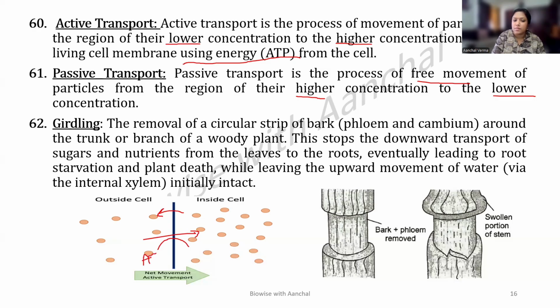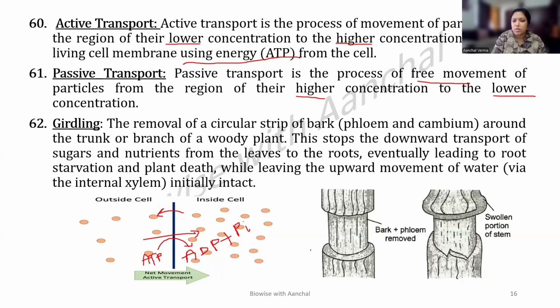ATP is used. What will be formed after the ATP is used? ADP and Pi, ADP plus inorganic phosphate. So this is your active transport, and the above one is passive transport.